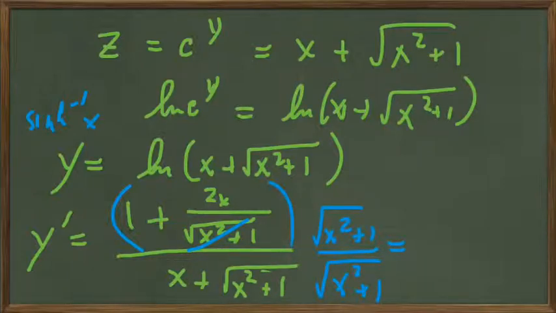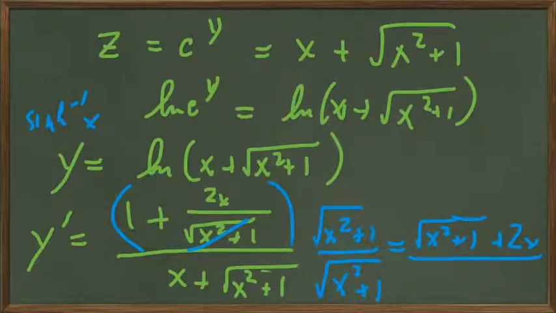Okay, so let's do this multiplication. So remember, we're distributing this across here, so we get square root of x squared plus 1, because we're multiplying it by 1, and then we cancel with the denominator. In the numerator, actually I had a mistake here.